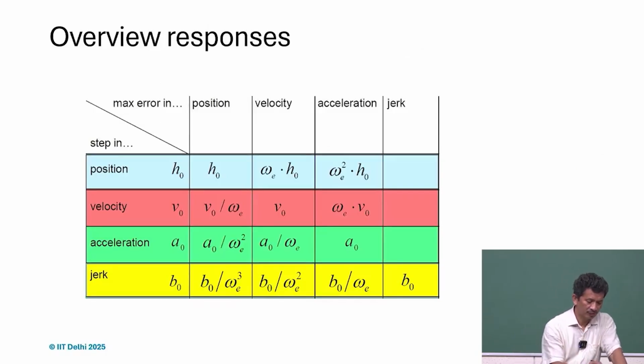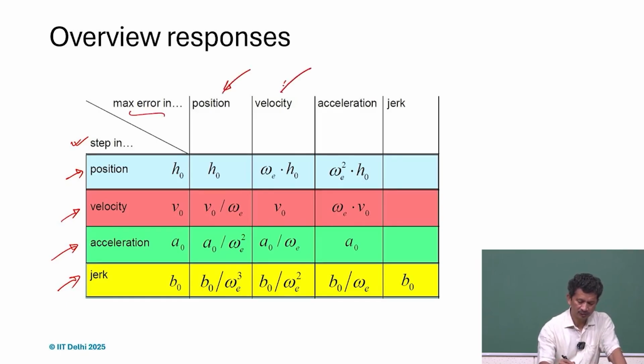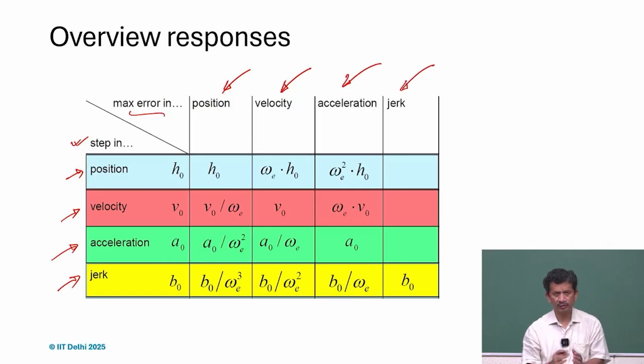So the step in position, velocity, acceleration, and jerk, and what is the maximum error in positioning, velocity, acceleration, and jerk? It's not 0. It means one has to be aware of what kind of input is given and how.